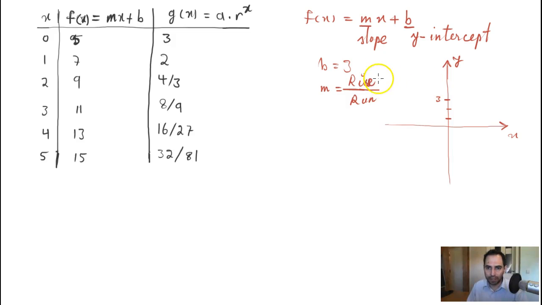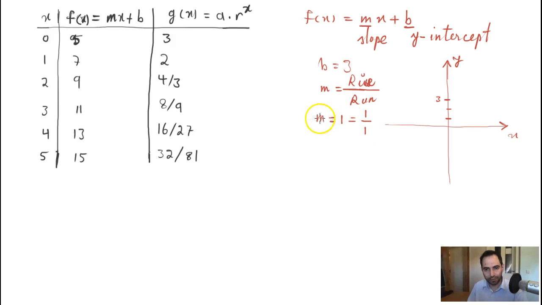What that means is that, for example, if your m is equal to 1, then it is equal to 1 over 1. So for every unit of run, which is a horizontal measure, you have 1 unit of rise, and the rise is a vertical measure.